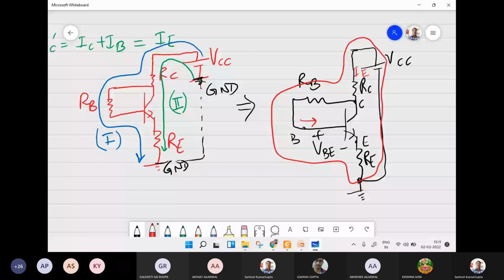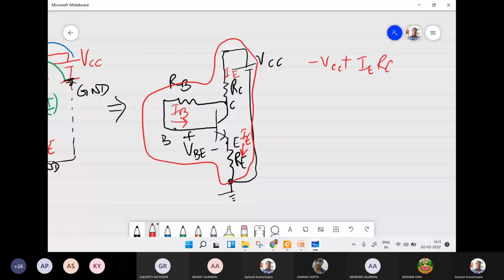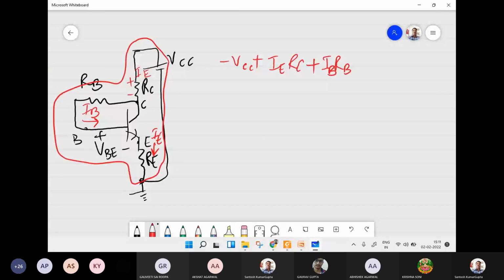Now we can write the KVL expression for this: minus VCC plus IE RC, the voltage drop across RC, then the voltage drop across RB is IB times RB, then the voltage drop across base emitter is VBE, and the voltage drop across RE is IE RE, to be equal to 0.